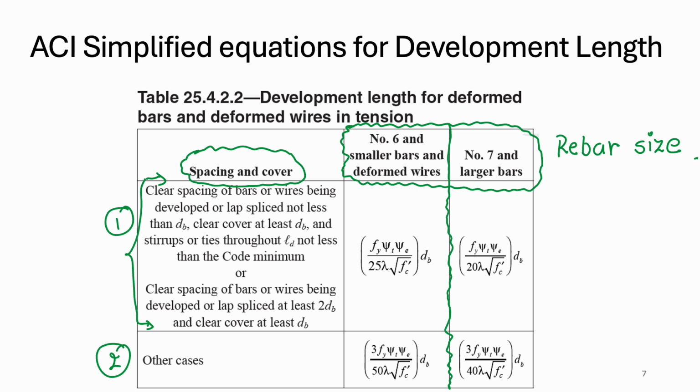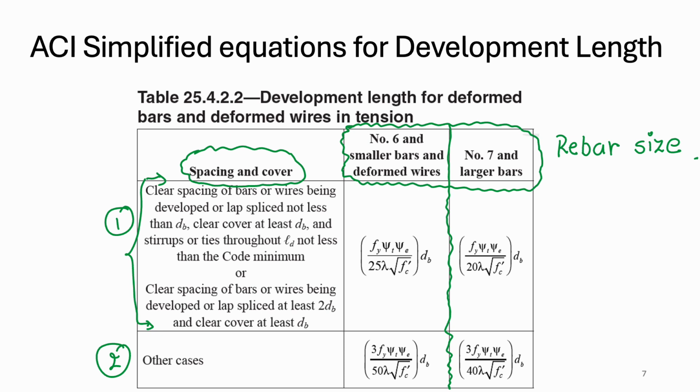This is case 1, when we have clear spacing of bars or wires being developed or lap spliced not less than rebar diameter, and clear cover and stirrups or ties throughout the development length not less than the code minimum, or clear spacing of bars or wires being developed or lap spliced at least 2 times the diameter of bars, and clear cover at least db. In all other cases, you have different equations.